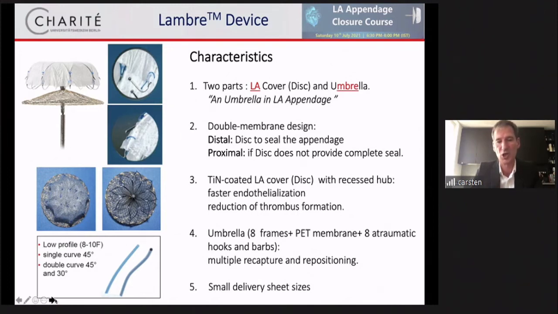So no sharp hooks, and that should give a good safety profile. Another advantage compared to other devices is that you have a really small sheath size, 8 to 10 French. We use 10 French in Germany, but there are smaller sizes for certain device sizes available.